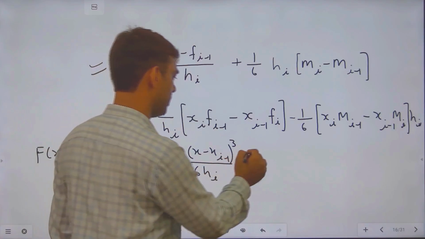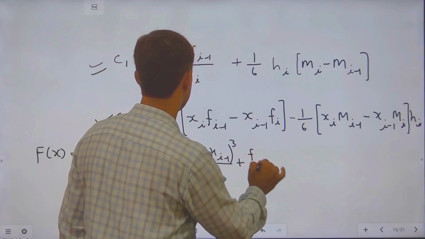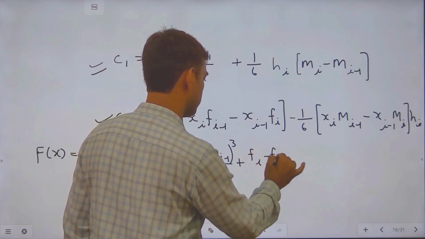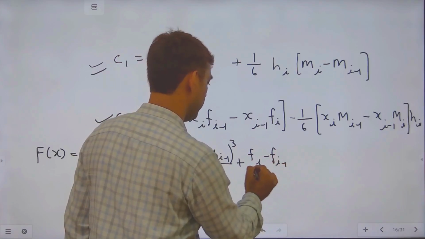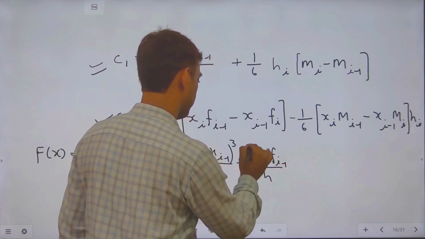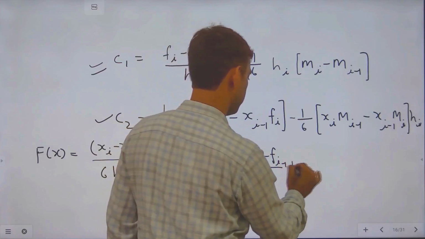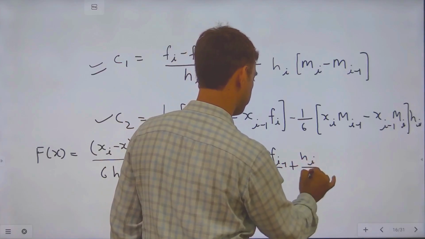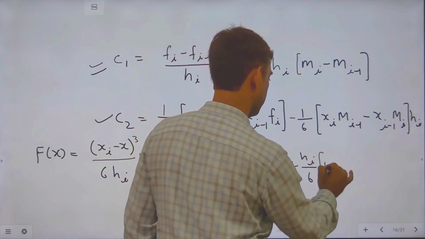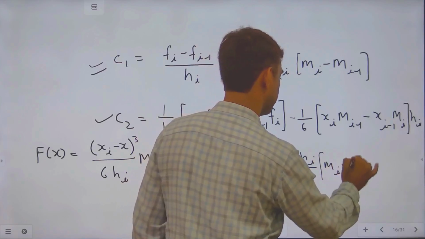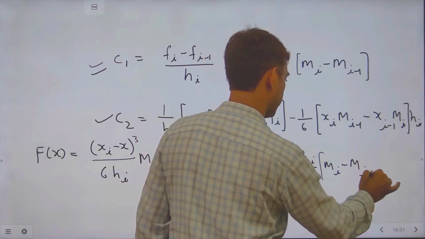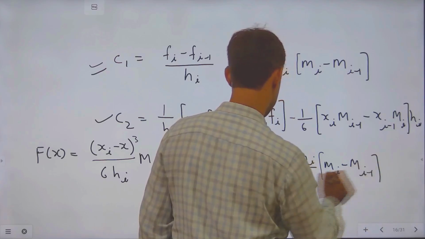c1 is what? f_{i-1} divided by h_i plus h_i by 6 into M_{i-1}, into x.